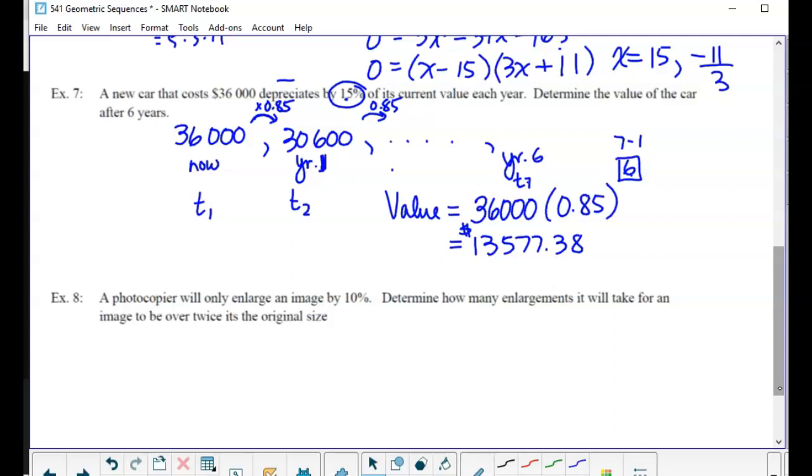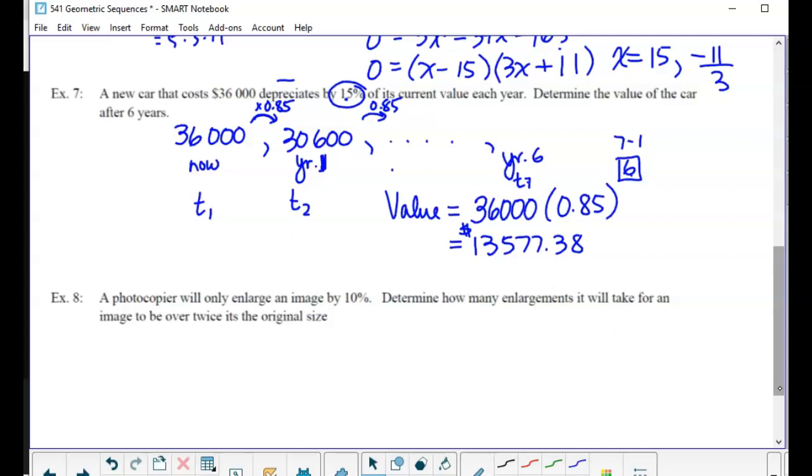So same with the next one. A photocopier will only enlarge an image by 10%. That's this particular photocopier. All photocopiers these days will enlarge more than that, but determine how many enlargements it will take for an image to be over twice its original size. So that's basically saying you put a paper in, you enlarge it by 10%, get the results, put it back on the photocopier, enlarge it by 10% again, and put it back in.